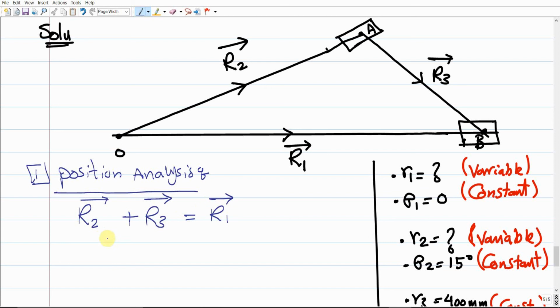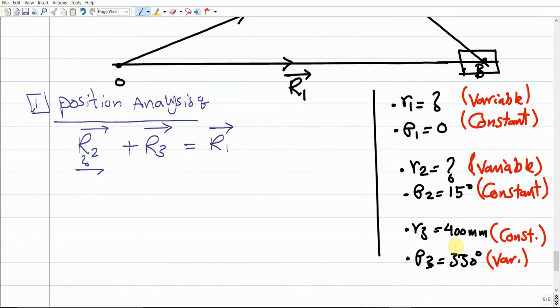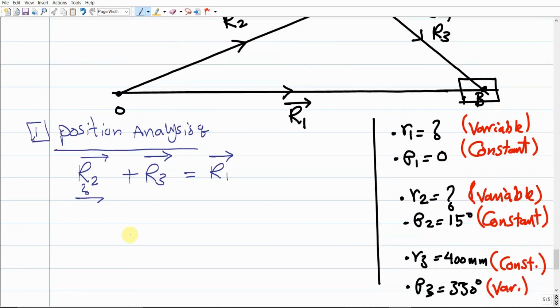R2 has one unknown, which is the magnitude, but the direction is known for R2. R3, as shown down here, is fully defined in terms of magnitude and direction. But R1 has one unknown, which is the magnitude, but the direction is already known.